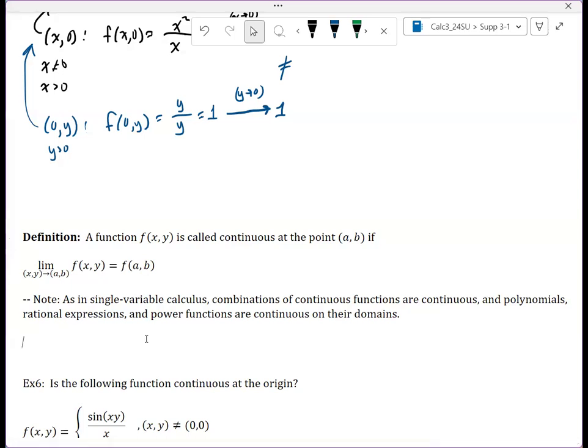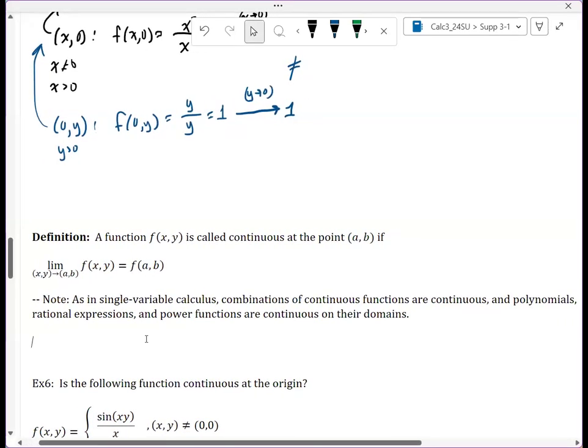So all of those nice limit laws apply. Things like the limit of the sum is the sum of the limits, and the limit of the square root of something is the square root of the limit of something, again, as long as we're acting on domains and things like that. But all of those nice limit laws from Calc 1 apply to the 2-dimensional case as well.